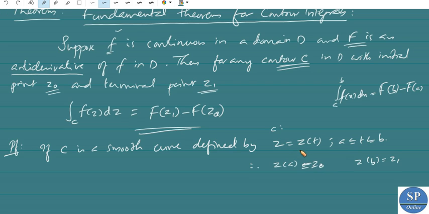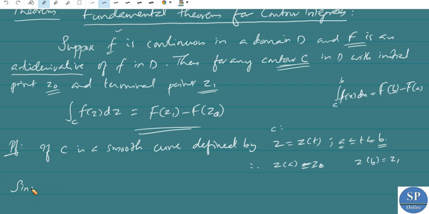Okay, the initial point is when t equal to a, and the terminal point is when t equal to b. So we have z of a is z naught, and z of b is z1. Clear? So we suppose that f is continuous and capital F is an antiderivative.